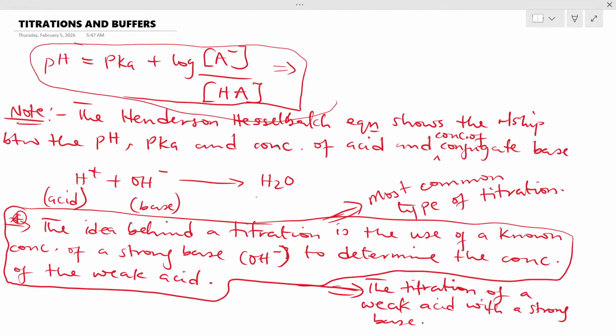Now, the Henderson-Hasselbalch equation is applied in different problems.